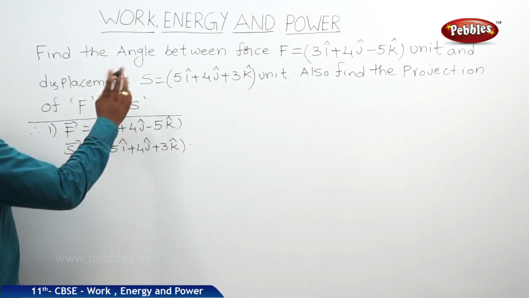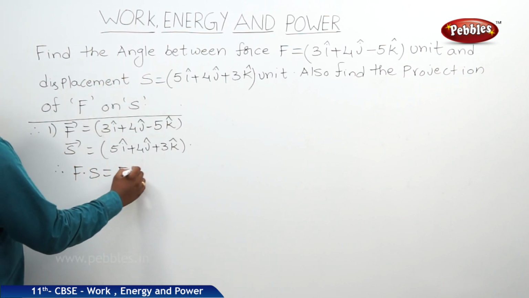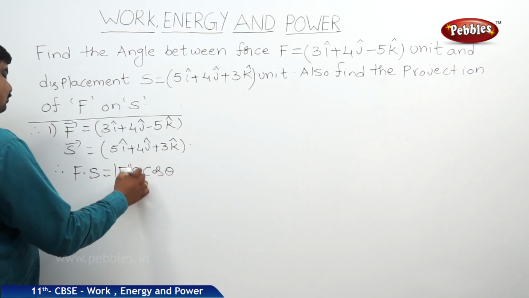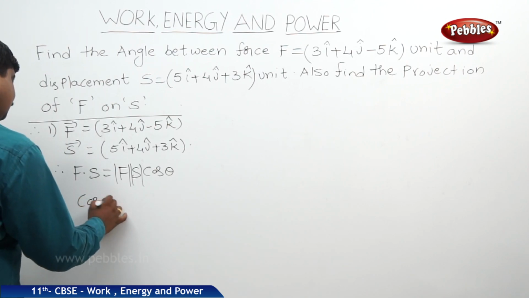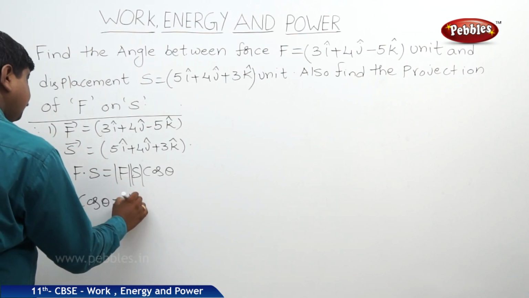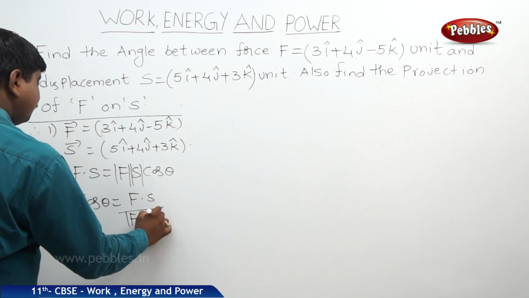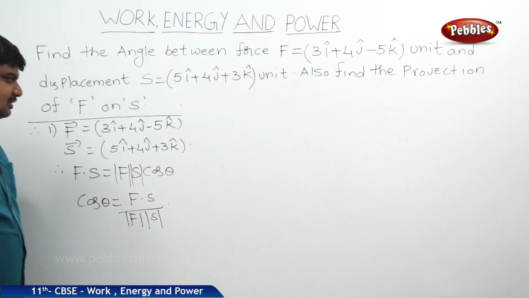So we should find out the angle between them. We know that F dot S is equal to Fs cos theta. Therefore cos theta is equal to F dot S by mod of F into mod of S. So we should find out all these four and substitute in cos theta.